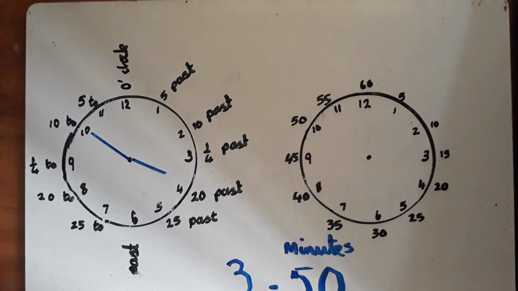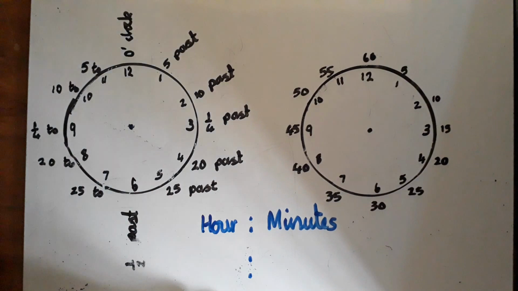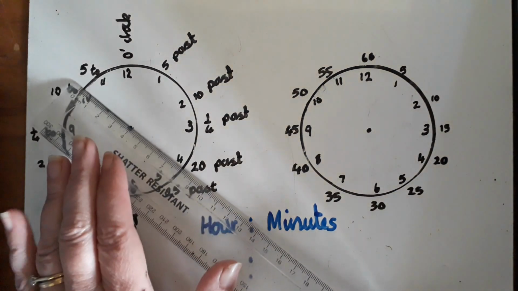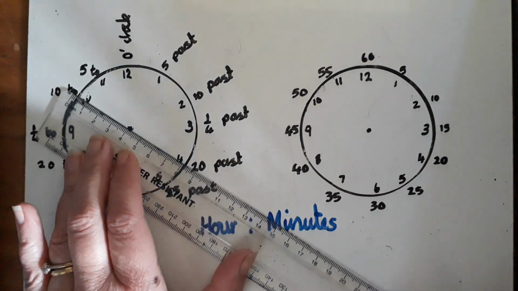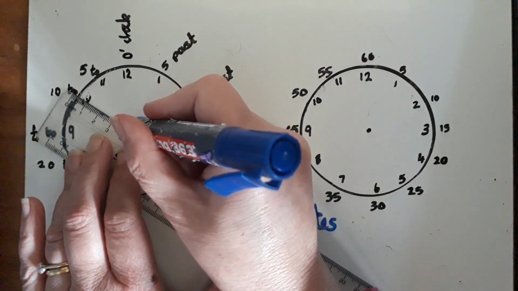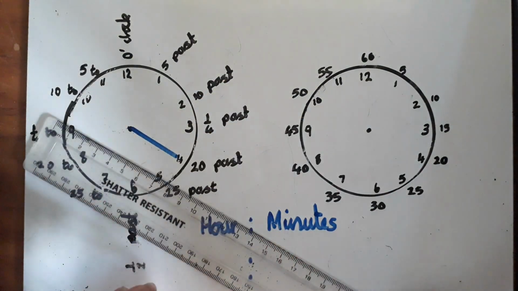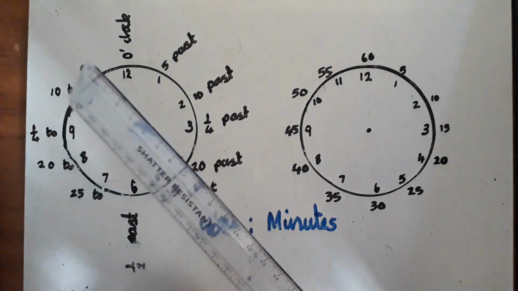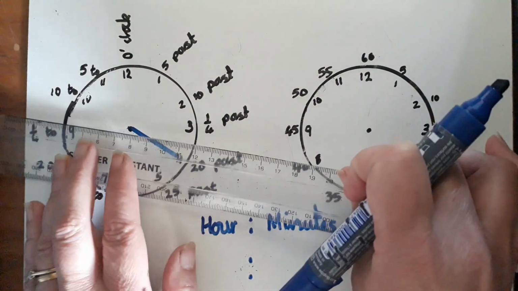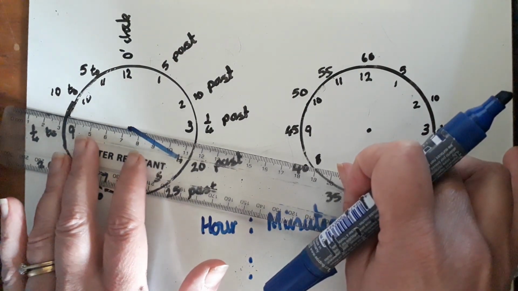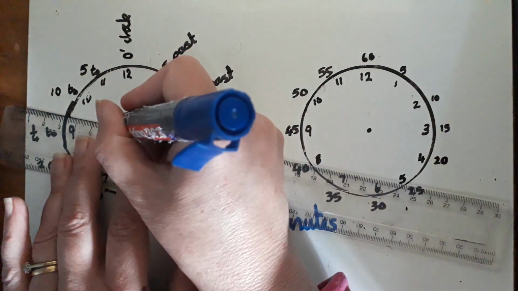All right, let's do another one. Let's say that it's 20 past 9. Our minute hand is pointing to 20 past, which is where the 4 is. Our hour hand, the shorter hand, is travelling between the 9 and the 10. It won't be halfway round there, it will be about there.